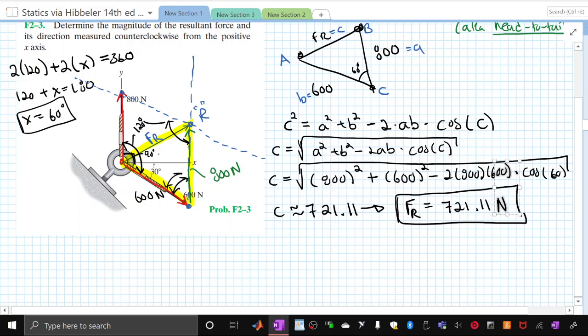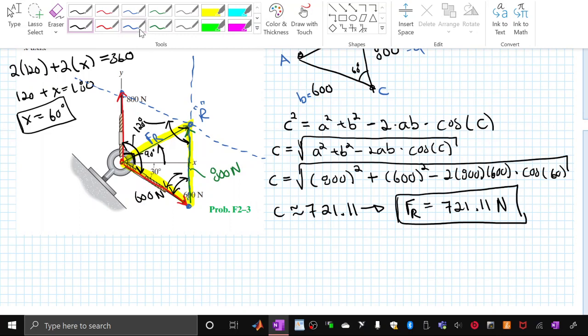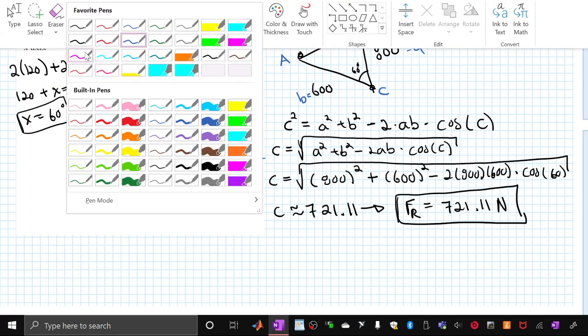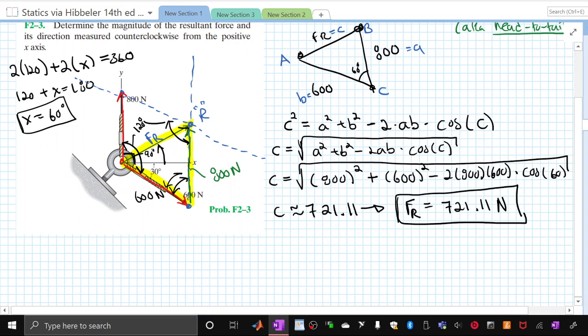So we need to find this angle from the positive x-axis to this resultant vector, which we already know the value of. And the way to go about it is, let's use some geometry to figure out the easiest way to do it. Now, look at this angle right here.